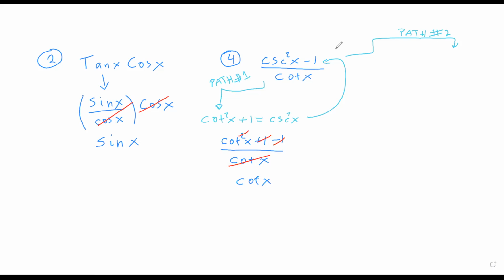In path number 2, let's see if we can convert everything to sine and cosine. So the cosecant is going to be 1 divided by sine squared of x minus 1. And here we're going to have cosine of x divided by sine of x.